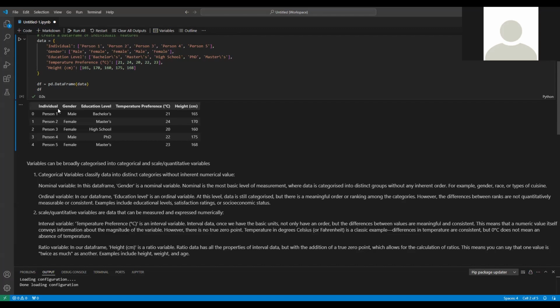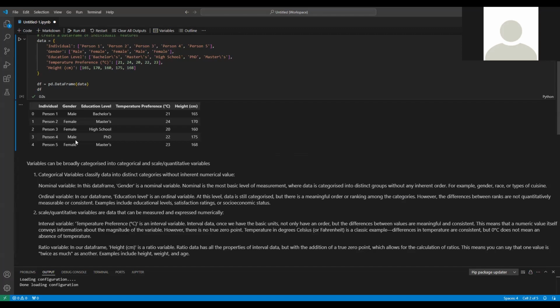There's no intrinsic order among those categories. This type of variable we call nominal variables. So gender here is a nominal variable. The data can be categorized into different groups, but these groups have no inherent order. You can't rank those groups or categories. Other examples of nominal variables include race or type of cuisine.